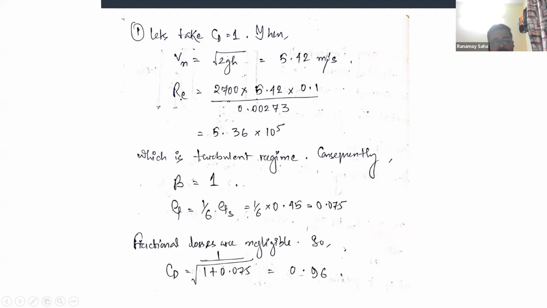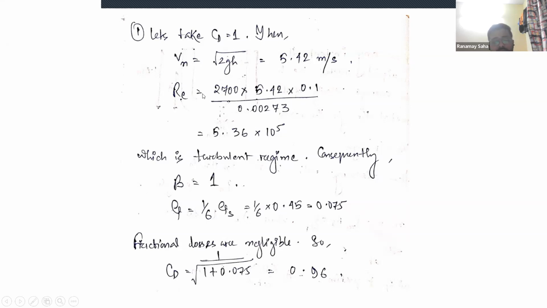Now using this velocity, find the Reynolds number, because the Reynolds number is what governs whether the flow is laminar or turbulent. So you find the Reynolds number: density multiplied by velocity through the nozzle, multiplied by the characteristic dimension, the diameter, which is 100 mm, so 0.1 meter, divided by the viscosity, which is also given to you.